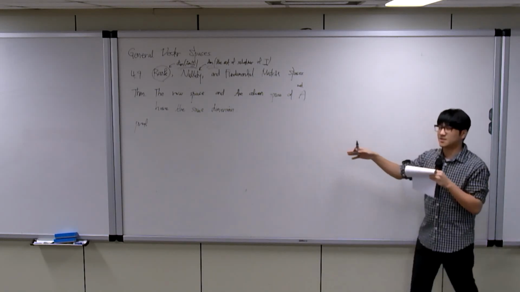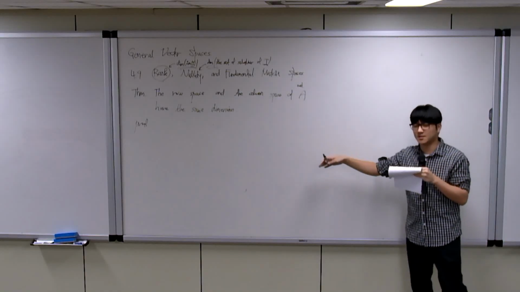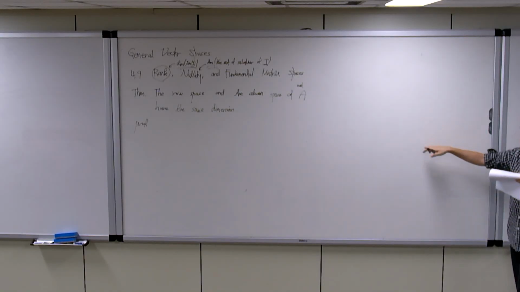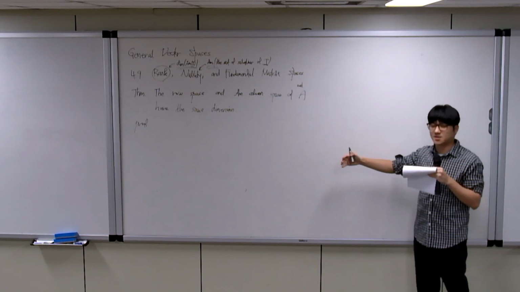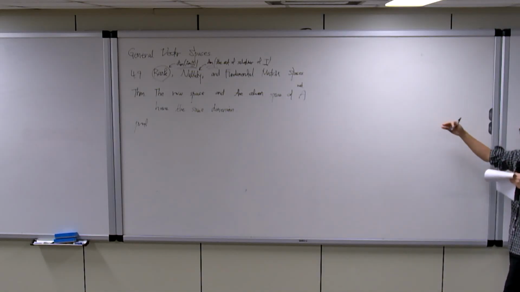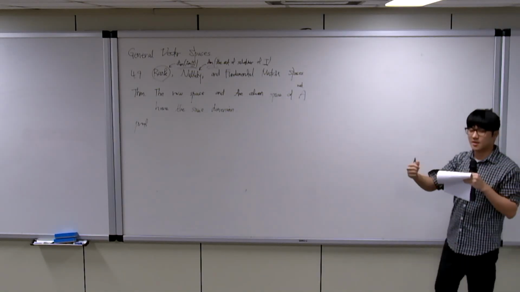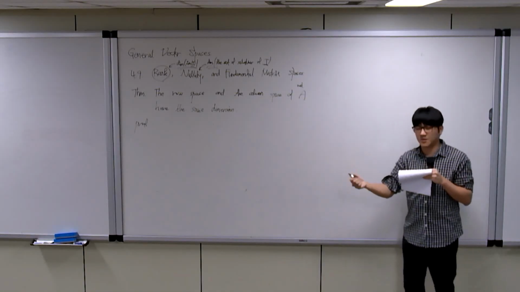In the last class, we proved one theorem: the independency of the column space and the row space will not change under the elementary row operations.